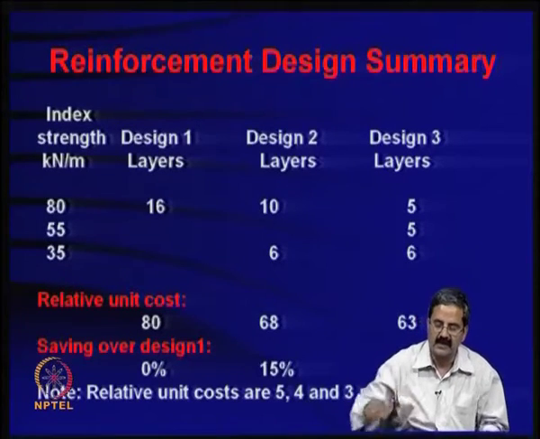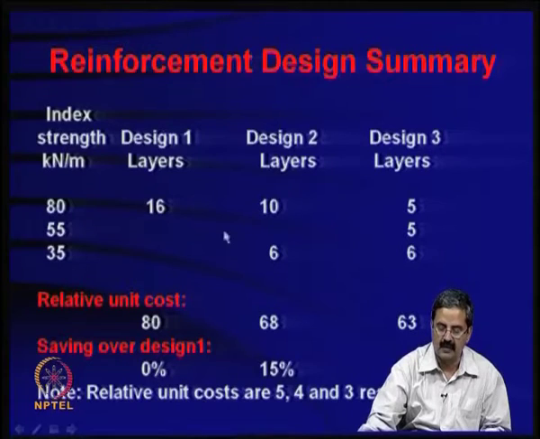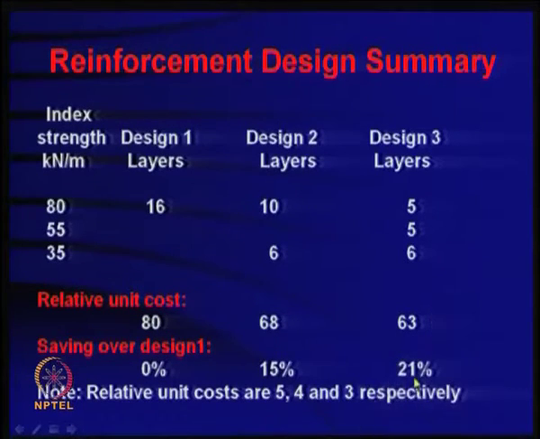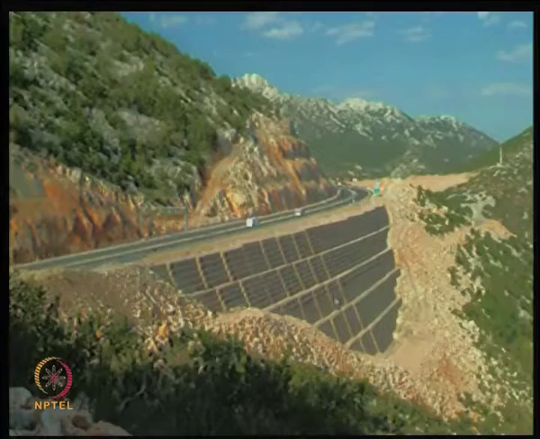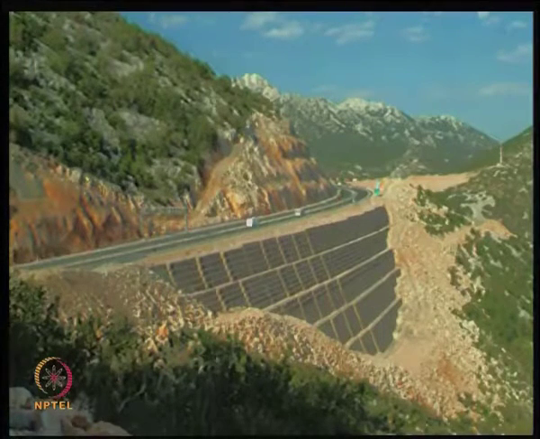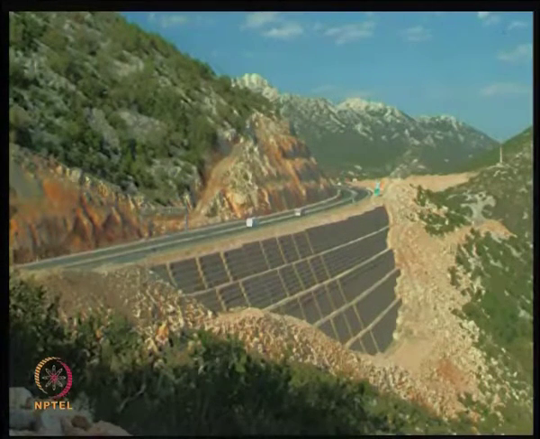So, even using that, with a wiser choice of reinforcement, you are able to get about 21% savings over design 1. What I want to say is that one can do a very systematic analysis. In fact, these design charts are simple tools, but one can do rigorous analysis and come out with wonderful results, and this is a typical slope actually.